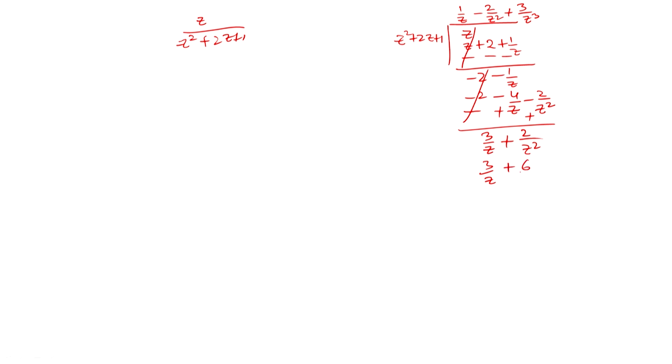So, 6 by z square, then we get 3 by z cube. So, this is minus 4 by z square minus 3 by z cube. Now, in order to cancel minus 4 by z square, we will have to multiply by 4 by z to the power 4, minus 4 by z to the power 4.